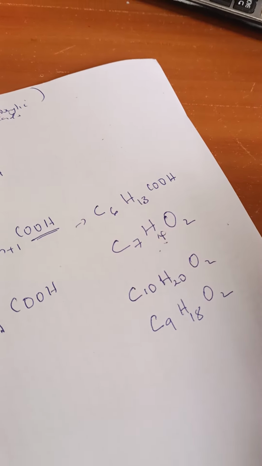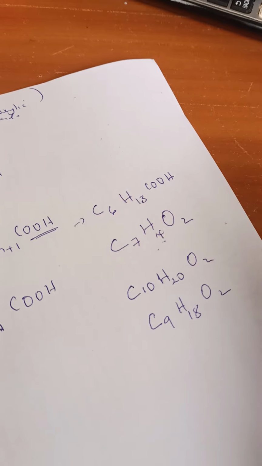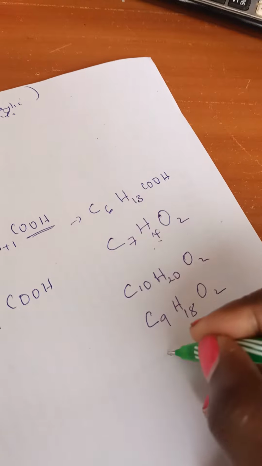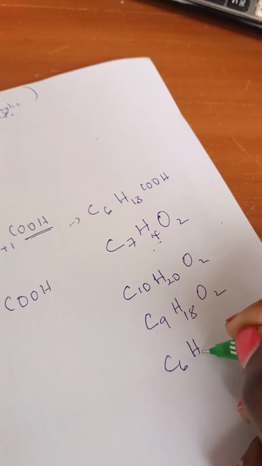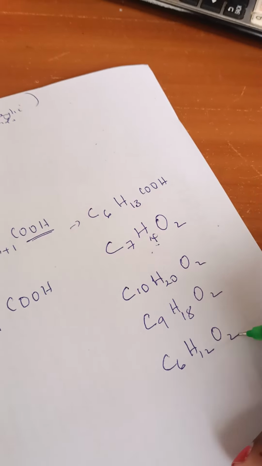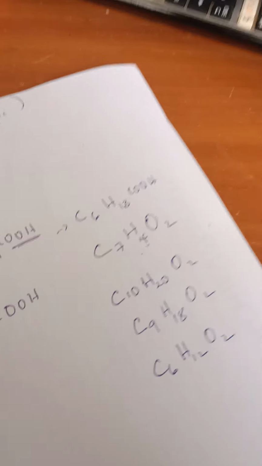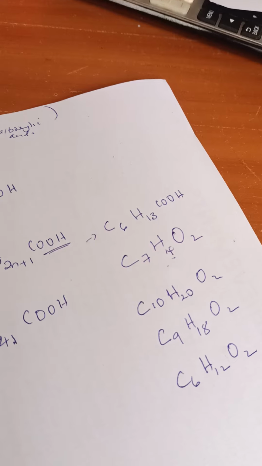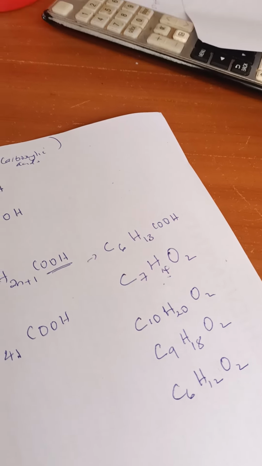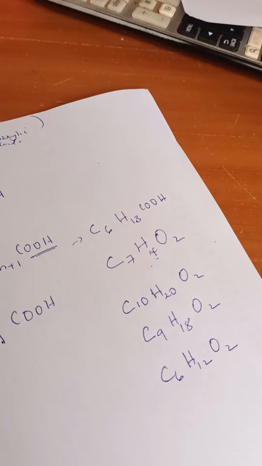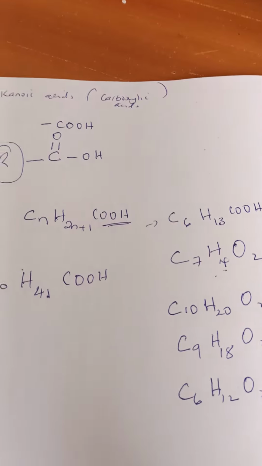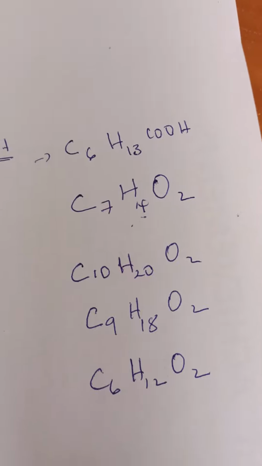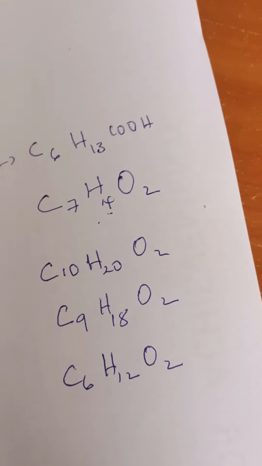With C6, we have C6, H12, O2. Yes, that is how we give the molecular formula of carboxylic acids.